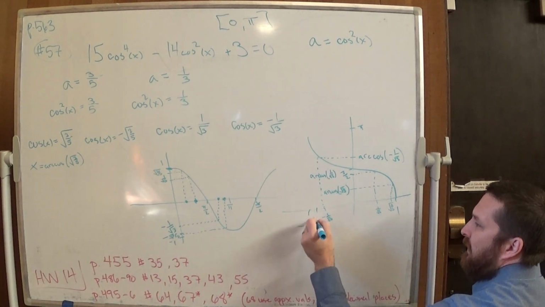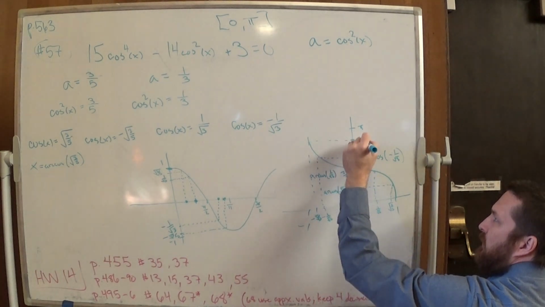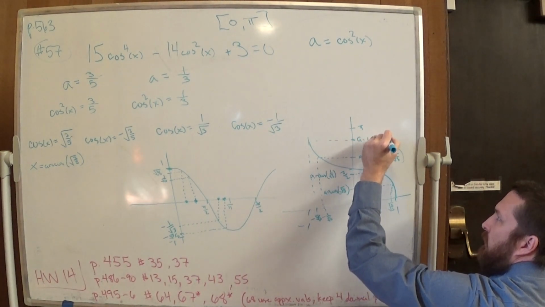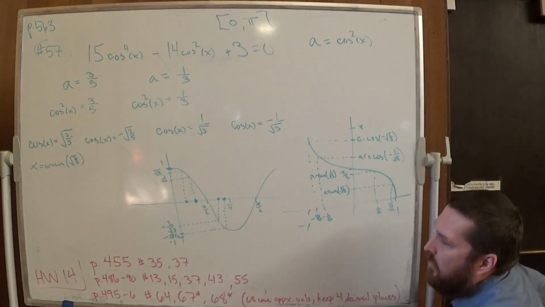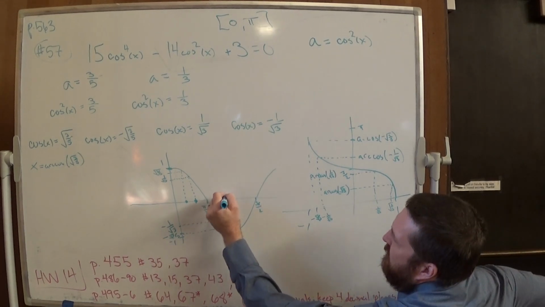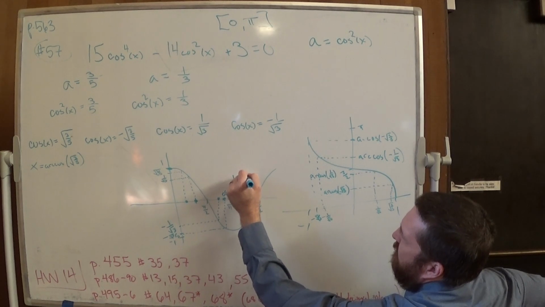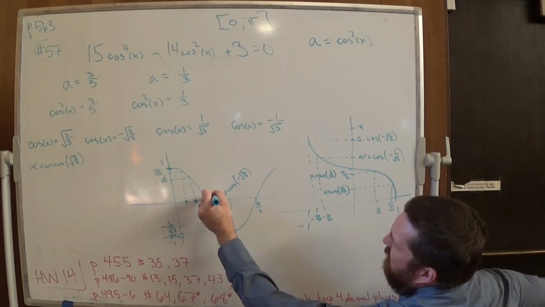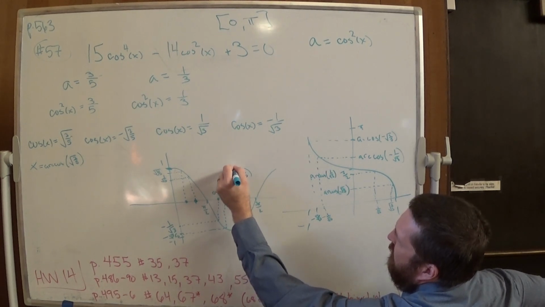Finally, I plug in -root 3/5, and I get one last number, arc cos -root 3/5, and that's what each of these points are right here. The -1 comes out to be this one, which we just said was arc cos -root 3/5. This one is arc cos -1 over root 3.